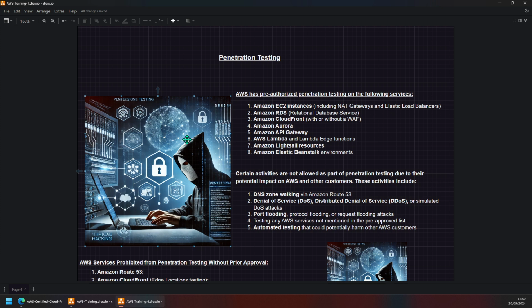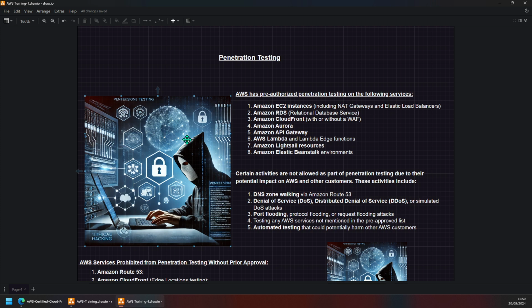That's what penetration testing is. There are some pre-authorized services for penetration testing, and there are prohibited services without proper approval. And even with or without approval, there are certain things that cannot be done as part of AWS. That's something we are going to understand in this session.